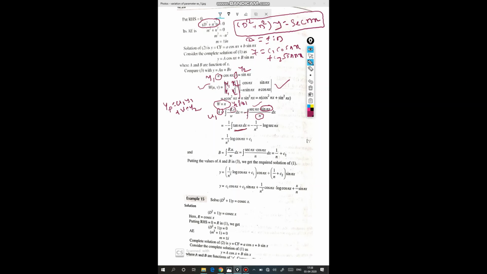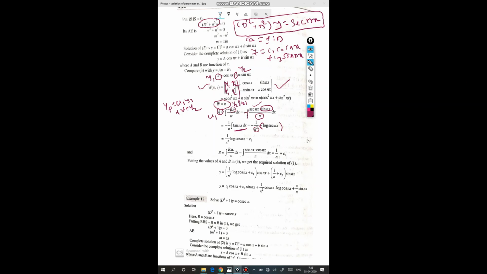The integration of tan nx is log of sec nx. Here there is a printing mistake. Actually there should be a bracket, and the integral of tan nx is log of sec nx upon n; that n into n becomes n square. So we get minus 1 by n square log of sec nx.